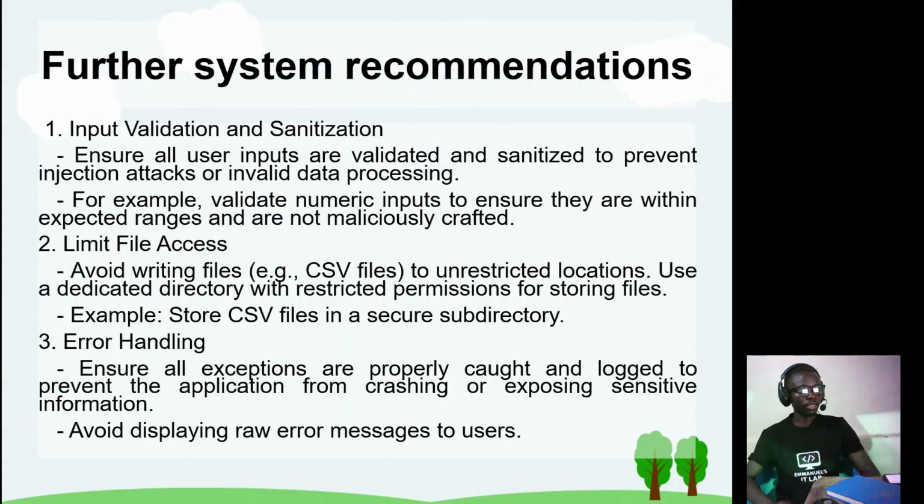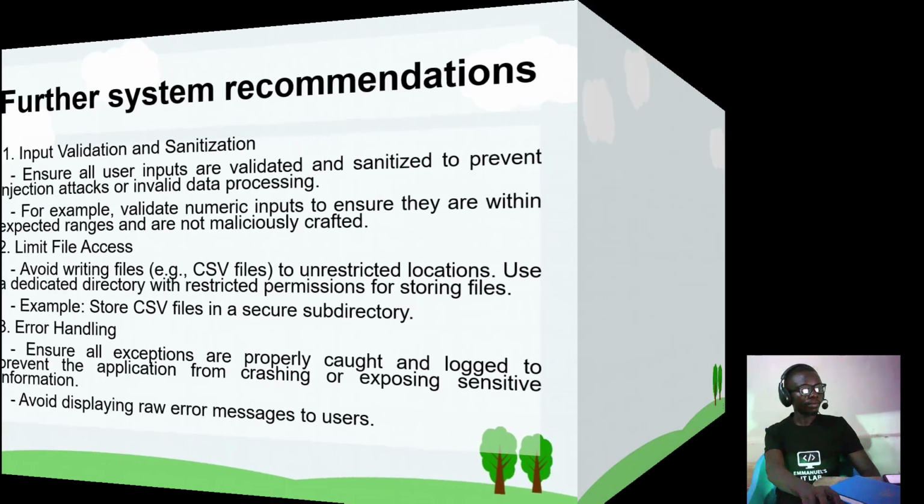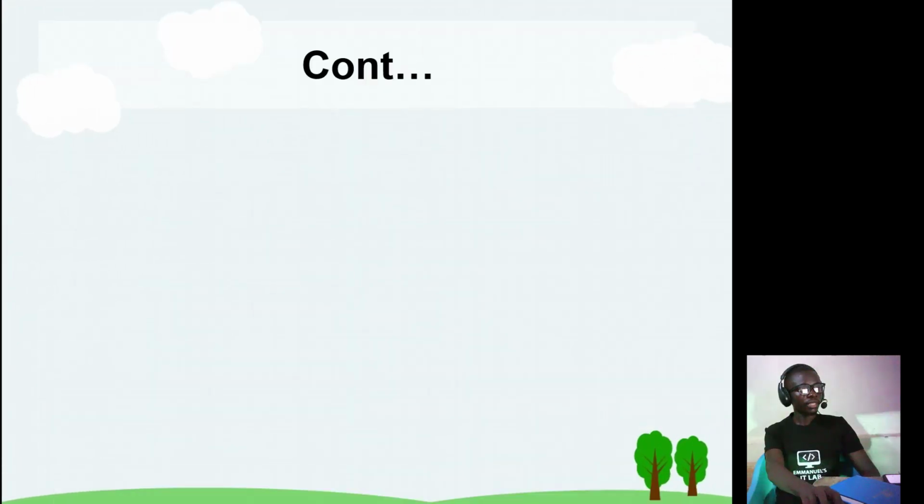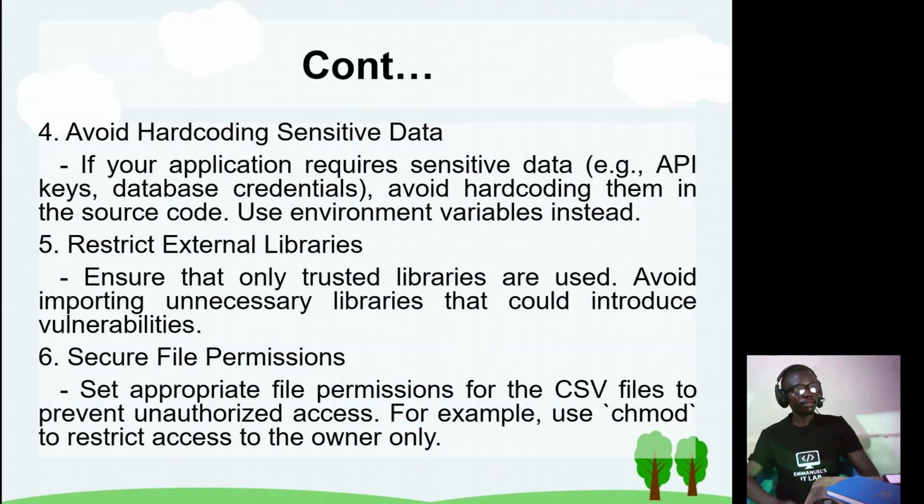Also error handling, ensure all exceptions are properly caught. Other recommendations include avoid hard coding sensitive data. If your application requires sensitive data such as API keys or database credentials, avoid hard coding them. Then restrict external libraries, ensure you only use trusted libraries.